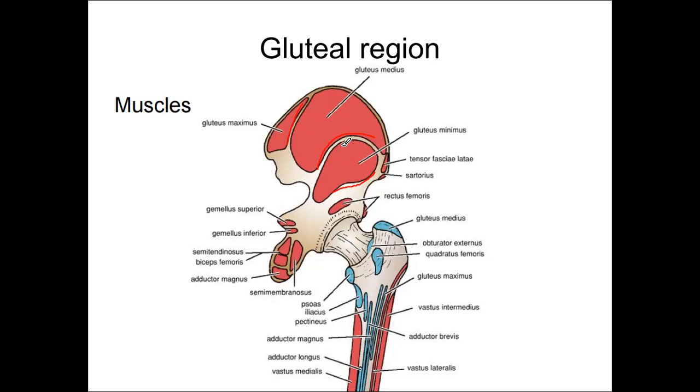All right. And this is the area of origin of the gluteus maximus, as also on the sacrum and the coccyx. And we said its insertion will be on the gluteal tuberosity of the femur, and the greater part goes on with the iliotibial tract.